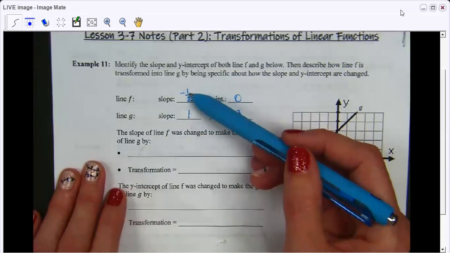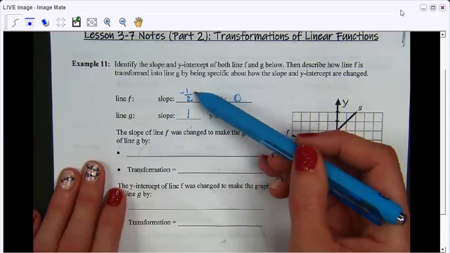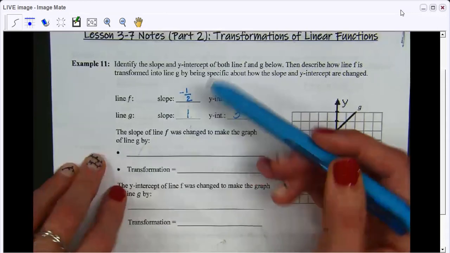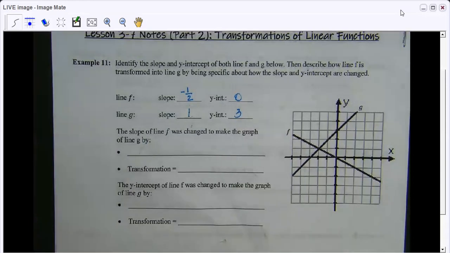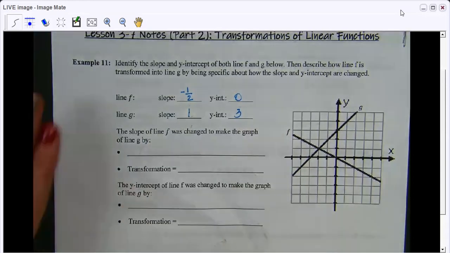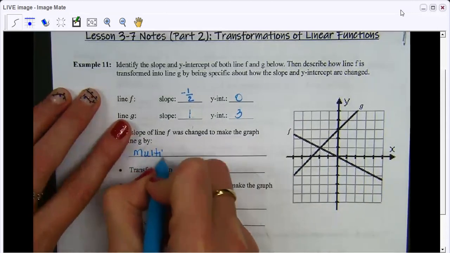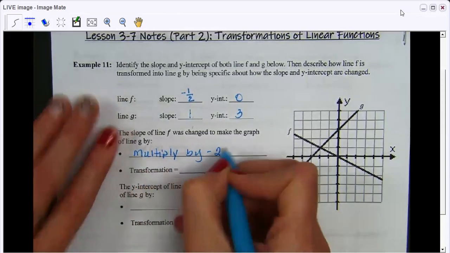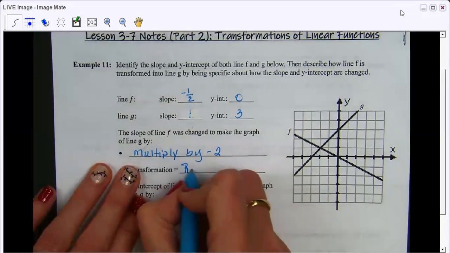One, we multiplied it by a -1 to get a positive. And I can also see that we multiplied it by a 2 to get 1. So the slope of line F was changed to make the graph of line G by multiplying it by a -2.